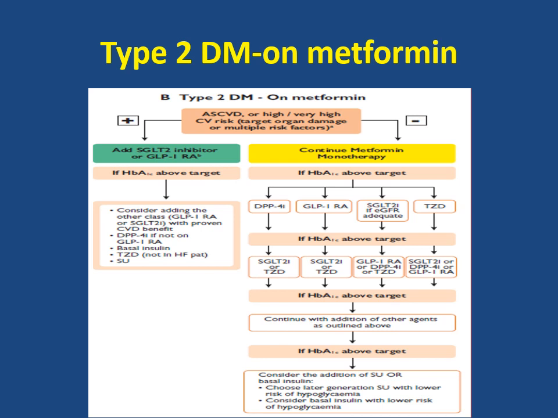If the patient is not high-risk patient and no evidence of atherosclerotic cardiovascular disease, we can continue on metformin monotherapy, and if the hemoglobin A1C is above the target, we can add dipeptidyl peptidase 4 inhibitor or glucagon-like peptide 1 receptor agonist or sodium glucose cotransporter 2 inhibitor or thiazolidinedione.